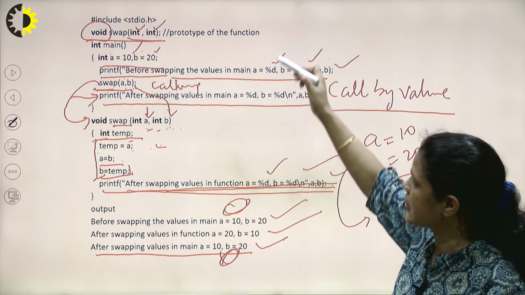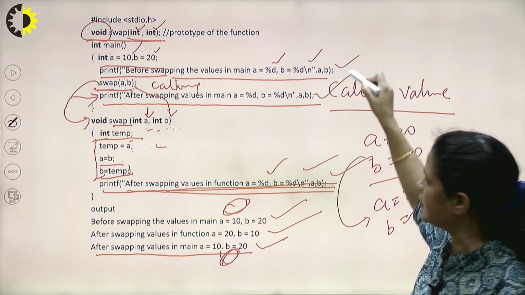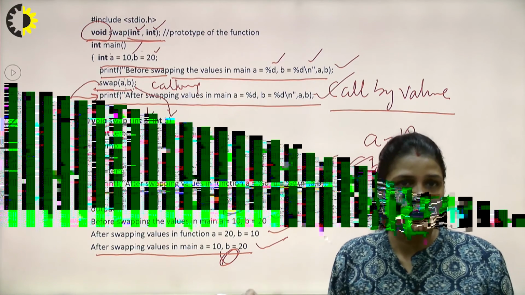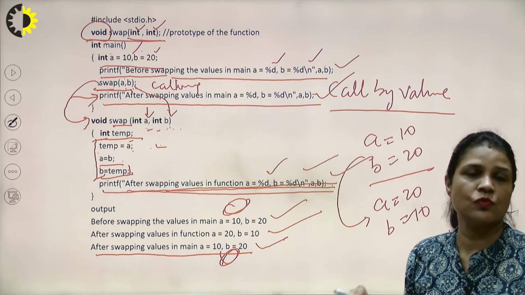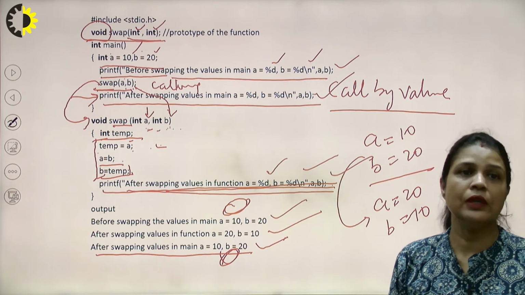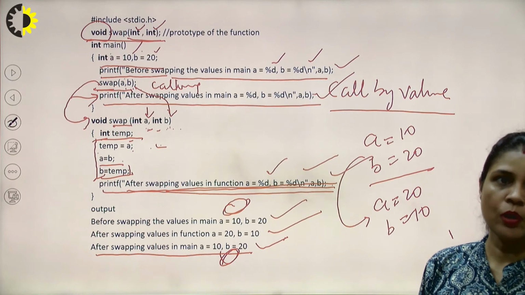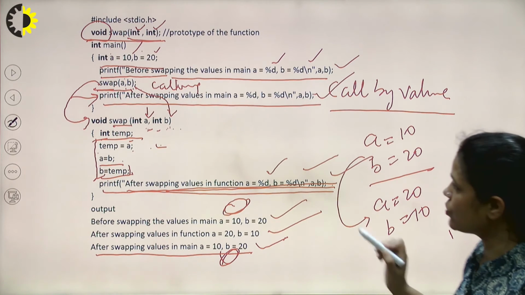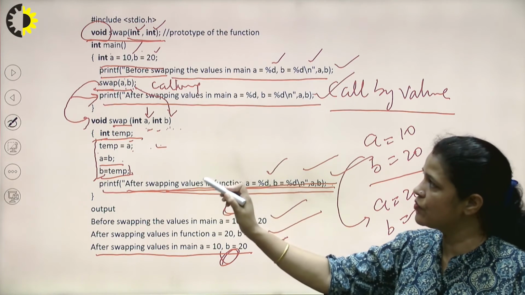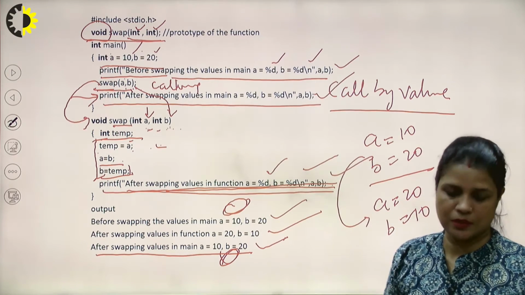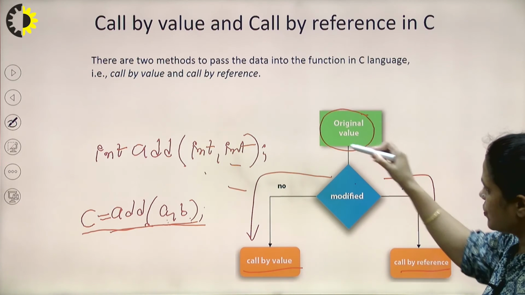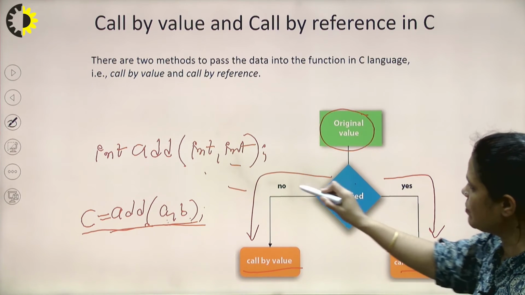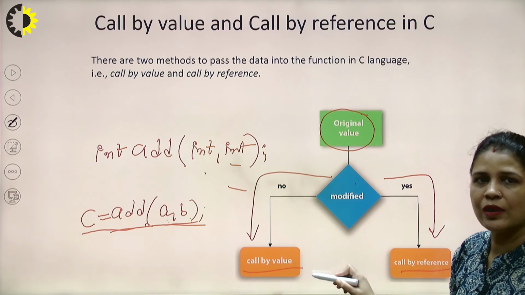Outside the function, here in main, the swapping has not been done. So what we need to understand by this is that whatever logic we apply by call by value will not modify the actual parameter. In the previous slide, we said the original value will not be modified by call by value.